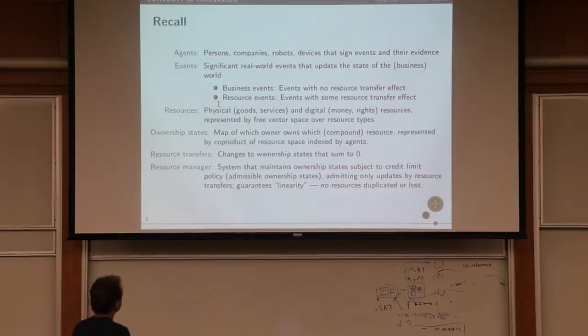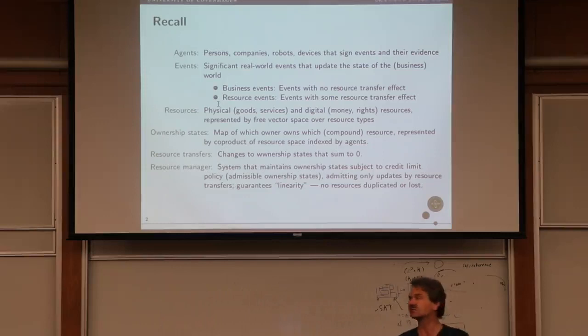So in this case, this is what I meant by the resource manager guaranteeing linearity of the resource management. Because the system here guarantees that whatever is in there will not get lost and will not get duplicated. So this is a subtle thing. I can certainly say I have a car of this kind, one car, and then I say, hey, there's two cars.